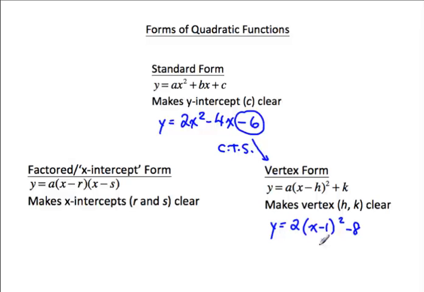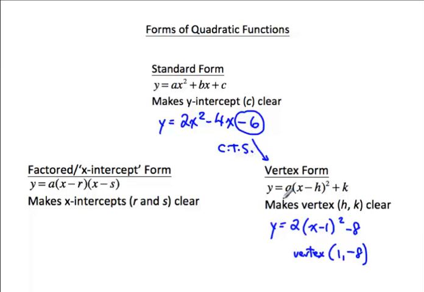And the nice thing about vertex form is, as the name suggests, it makes the vertex clear. This parabola has been moved from its vertex being at the origin. We've moved it 1 right and 8 down, so its vertex is going to be the point (1, -8). And we can also see that the vertical stretch here of 2 is the same as it was up in the standard form as well. These are the same quadratic function, just different forms.